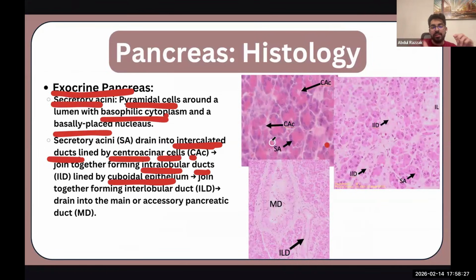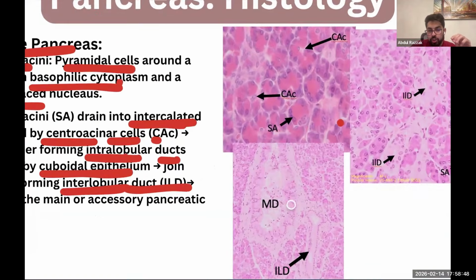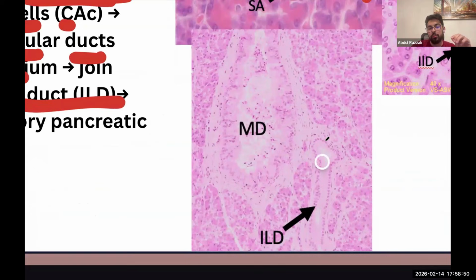Now these intralobular ducts are then going to join with each other and form larger interlobular ducts. And these interlobular ducts are basically ducts that are running between the lobules of the pancreas. So they are even larger than the intralobular ducts. These are still lined by cuboidal epithelium. However, you can easily tell that these are much larger than the intralobular ducts.